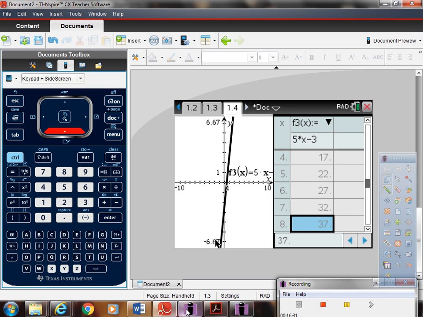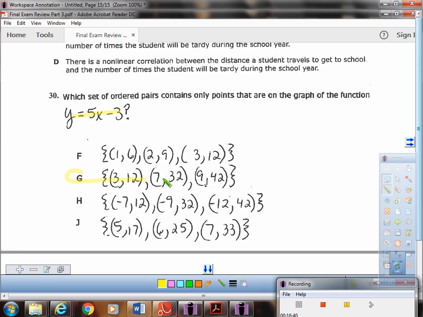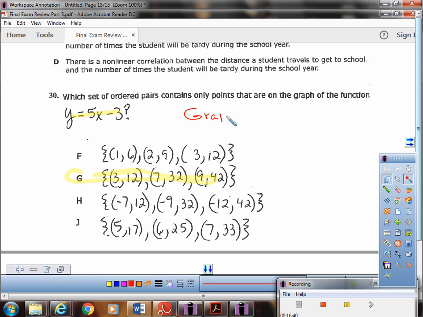Yep, that one's right. And then 9, 42. You gotta look at all of them. Sometimes I'll have the first one correct and then the last one wrong. So, yep, the second one. This one right here. So on your notes, what you can do is put graph, Control T. That'll help you remember what you could have done to see those points.